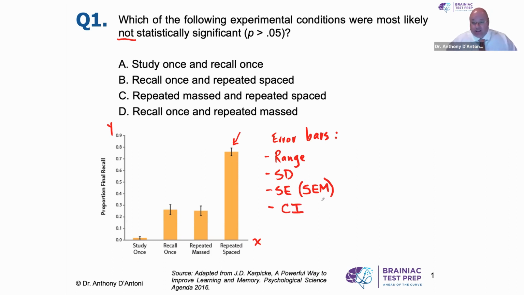In the literature today, especially in the clinical literature, confidence intervals are very frequently used, so it would be in your best interest to review confidence intervals for the MCAT, for sure. Now let's talk about these 4 error bars. Range and standard deviation are descriptive in nature. Standard error and confidence intervals, in contrast, are inferential in nature. That's why standard error and confidence intervals are more powerful, amongst other things.